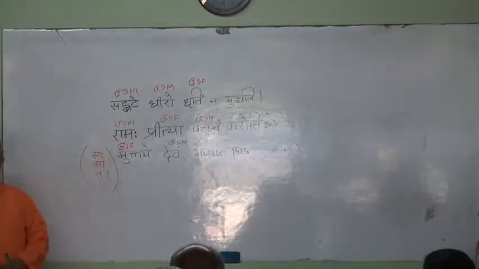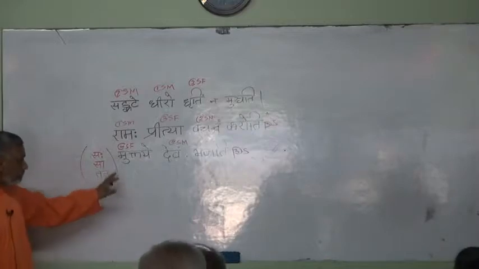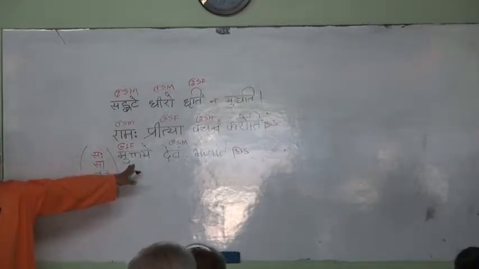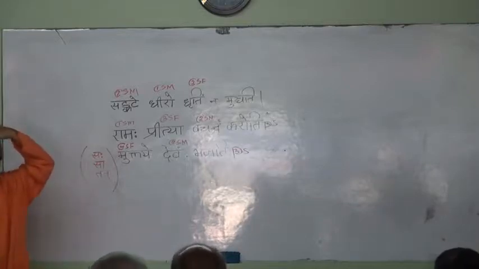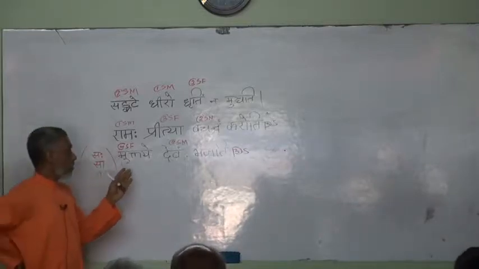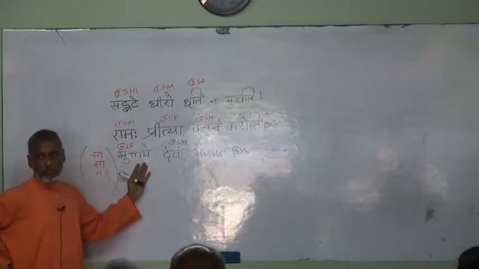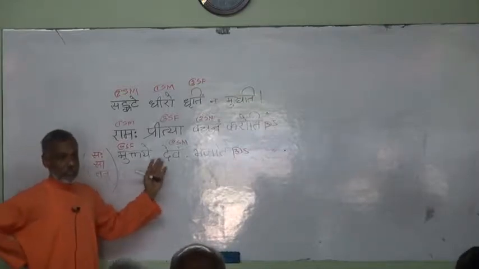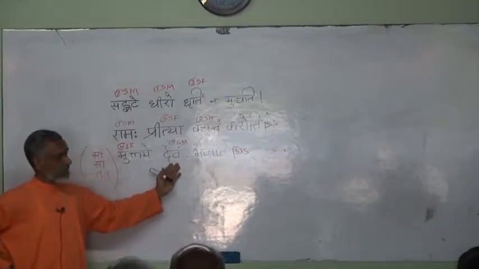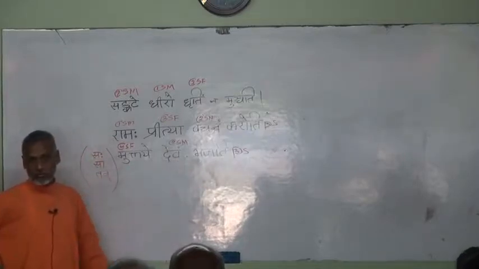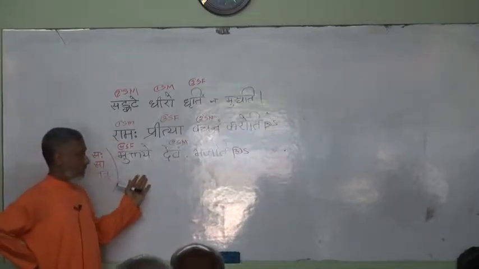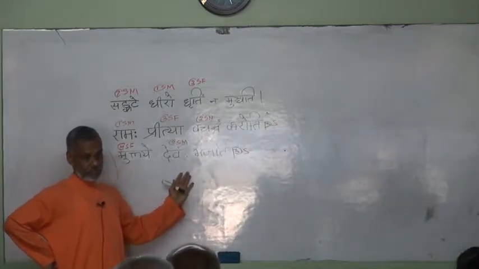In fourth case it will be muktaye, like mataye. So here now, muktaye. In fourth case, what is the preposition? For. So, for mukti, he, she or it worships God.